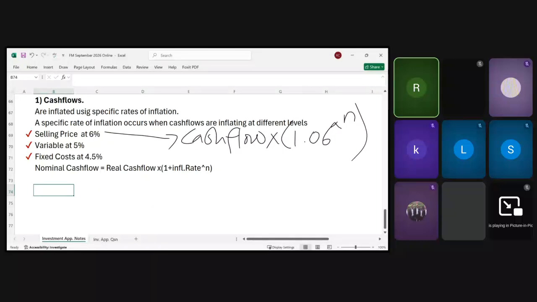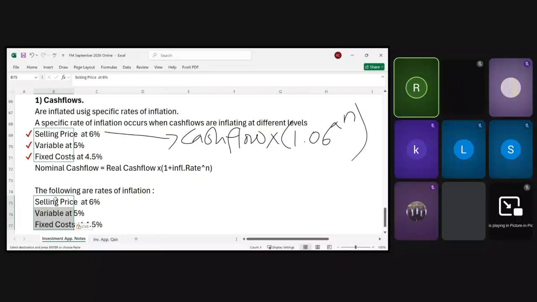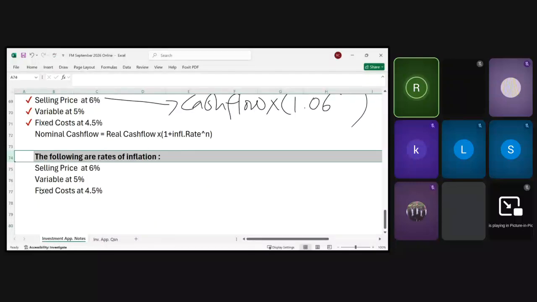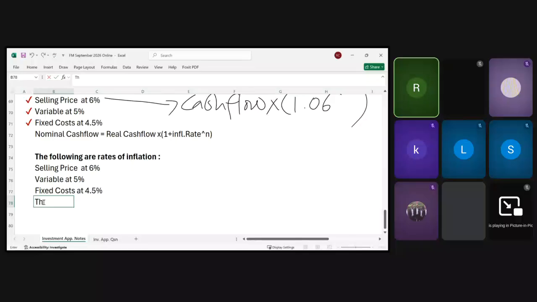The following rates of inflation, I'm going to just take the ones that we have here: selling price 6%, variable cost 5%, and then fixed cost 4.5%.